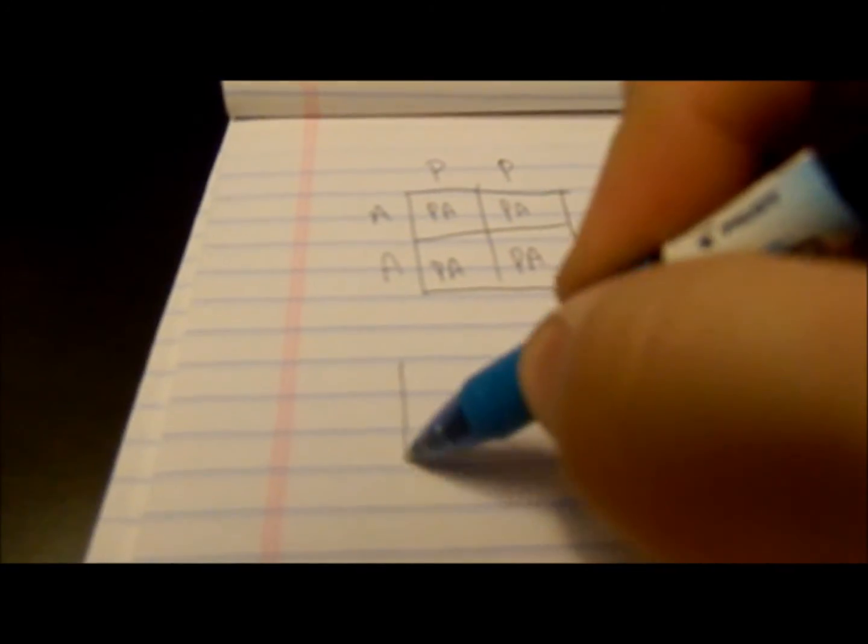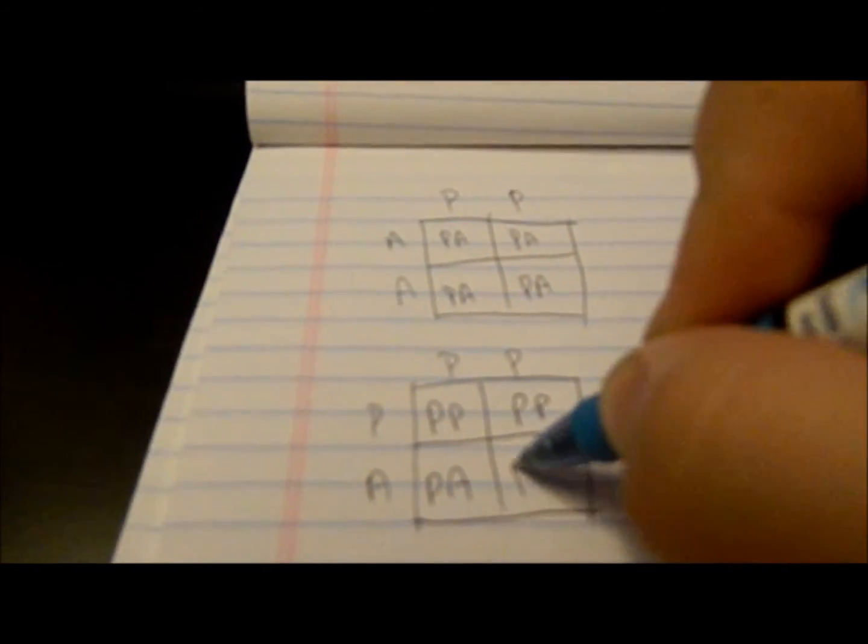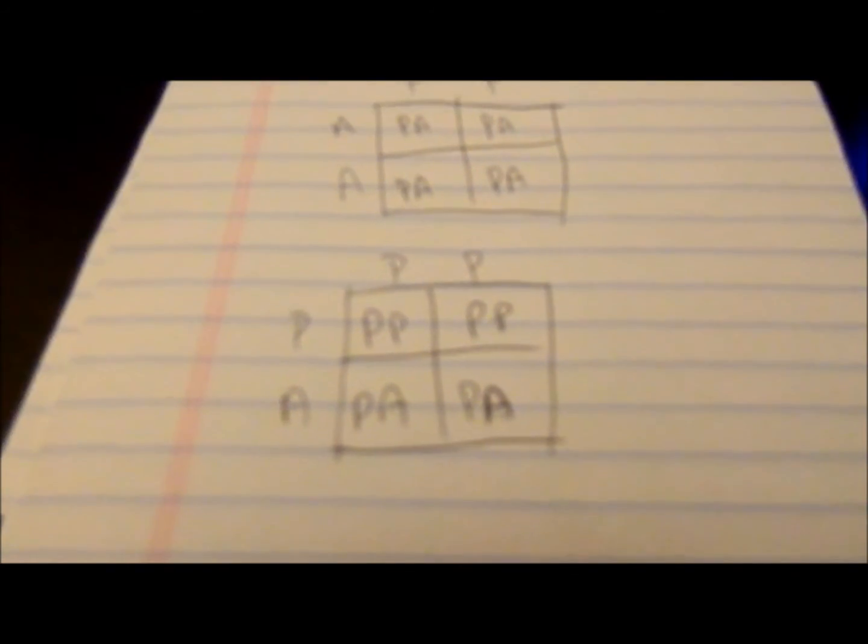If you breed a super pastel to a super pastel, the whole clutch is going to be super pastels. That's pretty obvious. The only other thing you can do in this case is if you're breeding a super pastel to a pastel. In this case, you have a 50% chance of super pastels and a 50% chance of pastels.